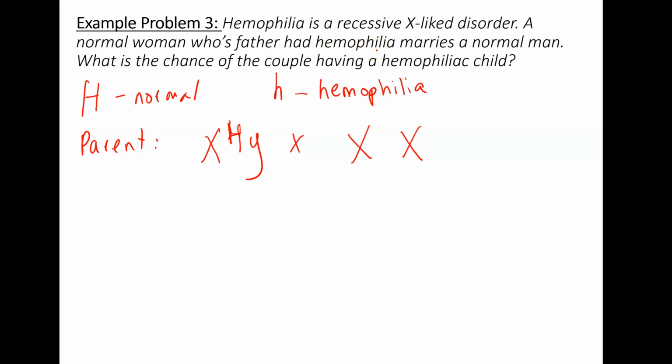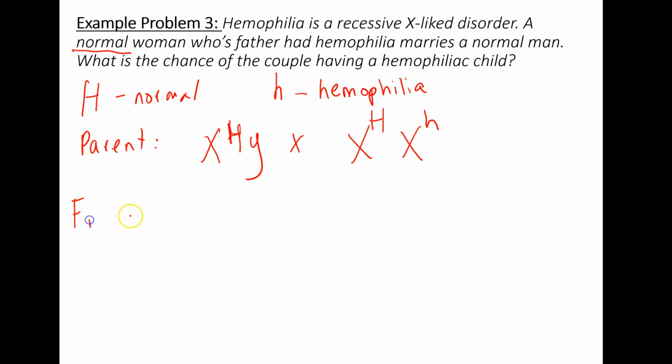Even without being told that she's heterozygous, she's heterozygous. She's normal, which means she has the big H, but her father had hemophilia, so he must have passed on that hemophiliac allele to her.